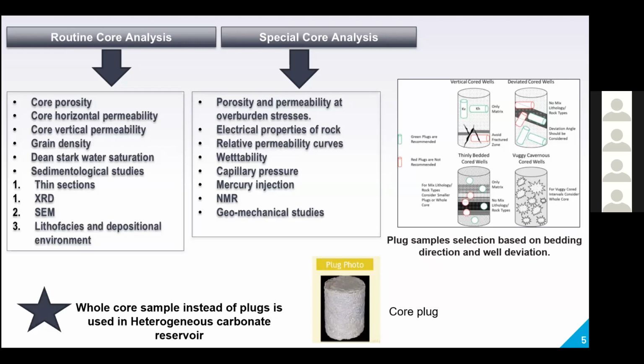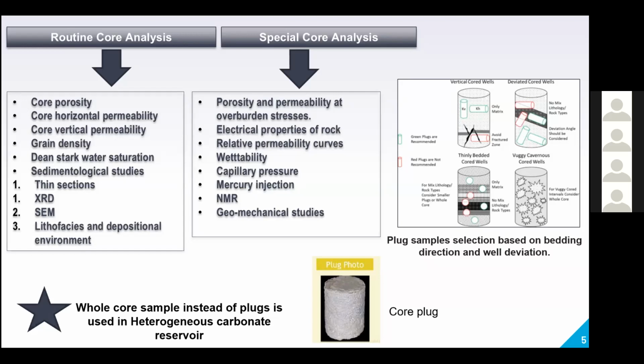Also, mercury injection is important in reservoir quality evaluation and saturation height modeling. NMR, nuclear magnetic resonance tool, is very important for formation evaluation. So you need to acquire NMR on core data to calibrate the NMR from your logs. And lastly, the geomechanical studies, which are, for example, represented by the uniaxial confining stress test.